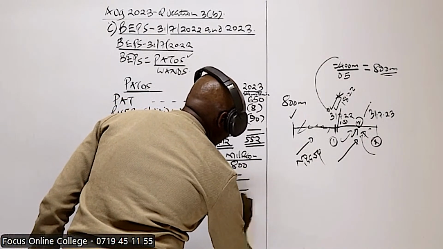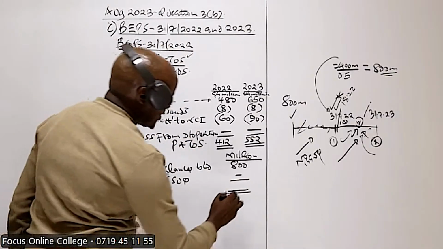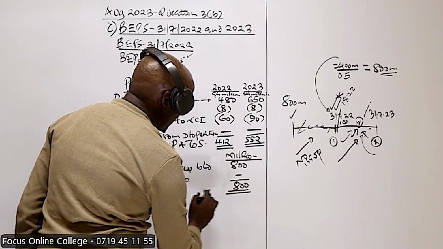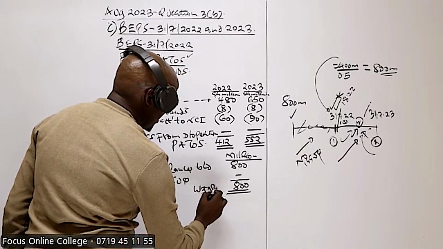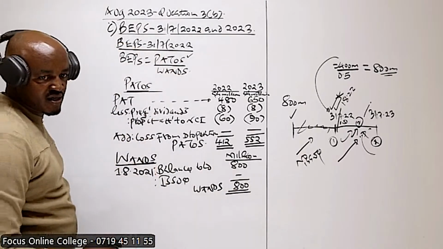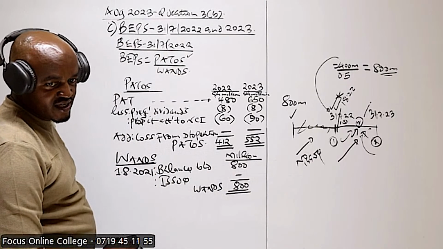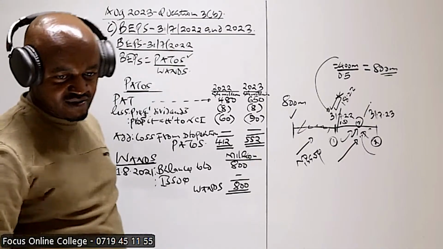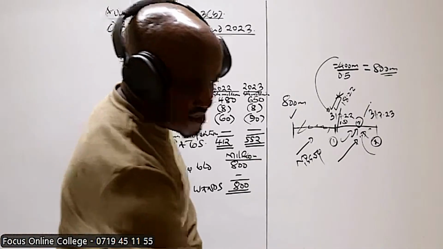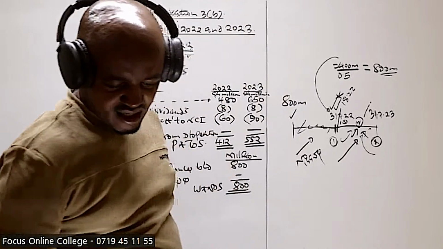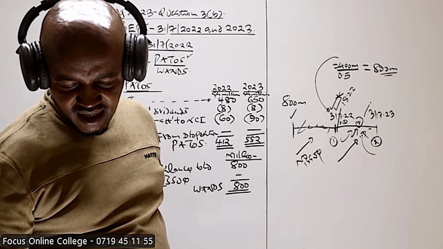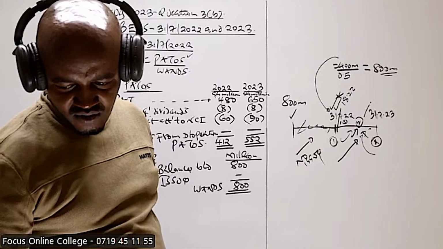So the weighted average number of ordinary shares for this year is 800 million, and we are basically through.